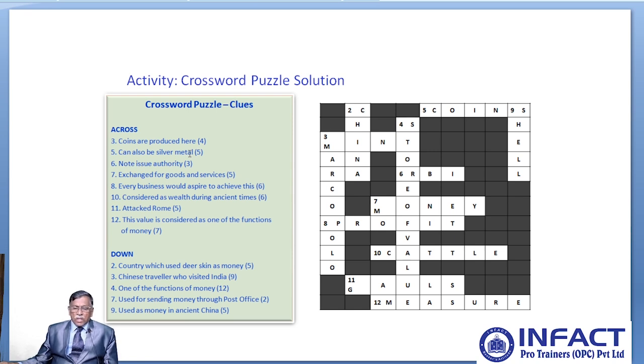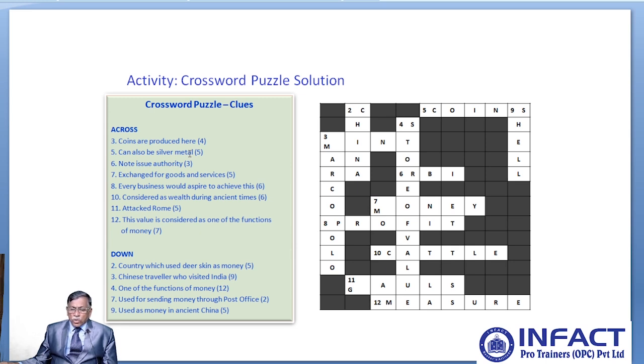Okay. Now let us go to downwise. Number 2, country which used deer skin as money. Which country used deer skin as money? The answer is China. Chinese traveler who visited India. What is the answer? It is Marco Polo. Number 4, one of the functions of money, that is store. It is called store of value. So it is one of the functions of money.